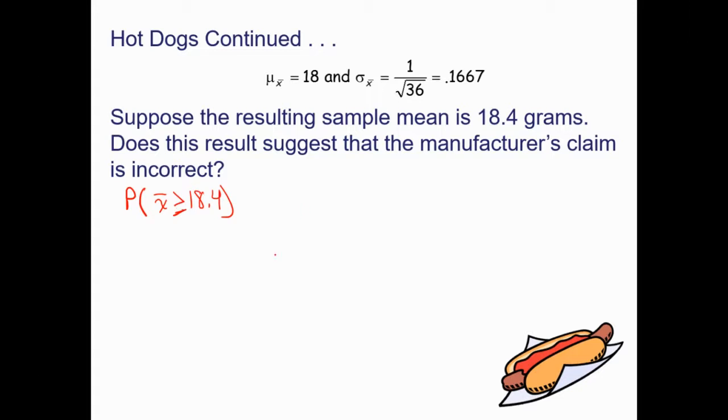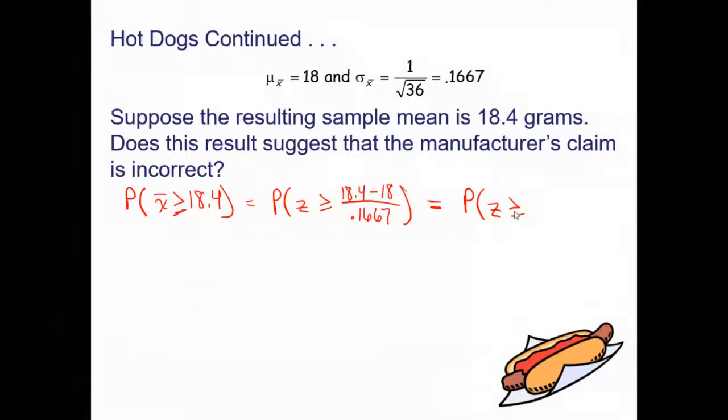So let's get our z-score. This is going to be the probability that z is greater than or equal to 18.4 minus 18 divided by 0.1667, which is the probability that z is greater than or equal to what? 2 point what? 2.40.